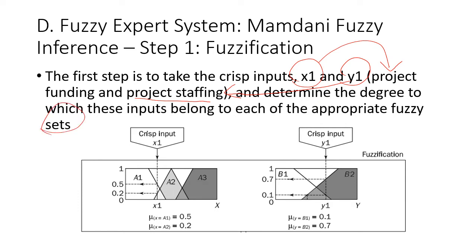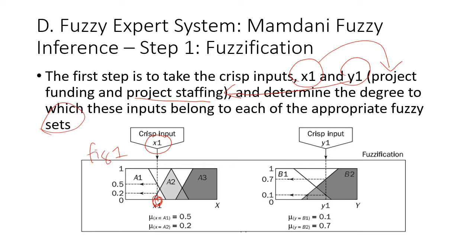So if you look at this first figure, figure 1, the crisp input is x1, and you need to remember x1 is project funding. So this is x1 and it falls somewhere here. Now we need to check x1 belongs to which subset of which fuzzy set. A1 is inadequate, A2 is marginal, and A3 is adequate.